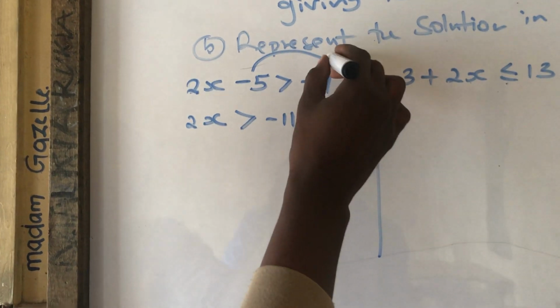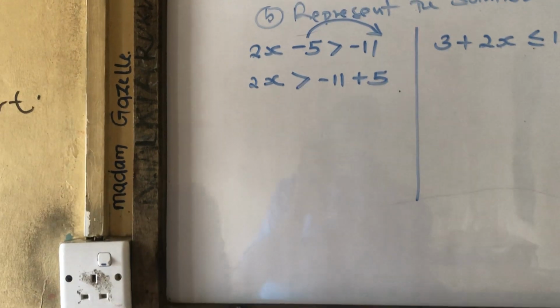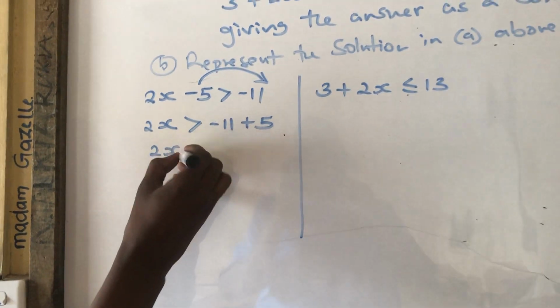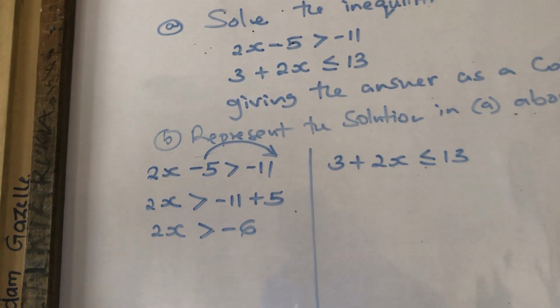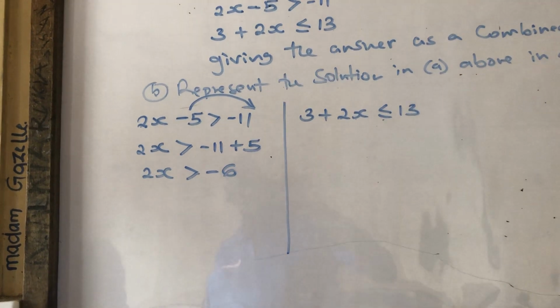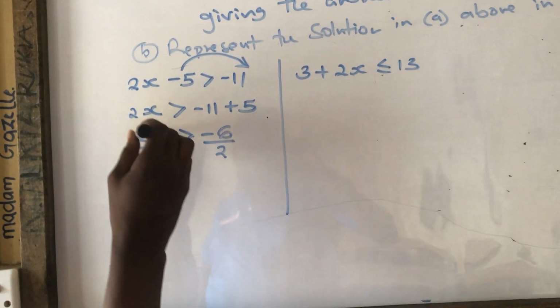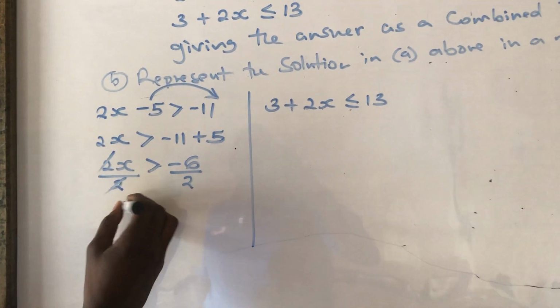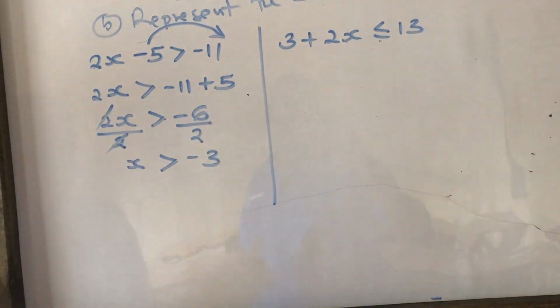The 5 will cross over to the other side to become a positive 5. So 2x will be greater than negative 6, since negative 11 plus 5 gives us negative 6. Divide by 2 and by 2. These two should cancel out. x should be greater than negative 3.